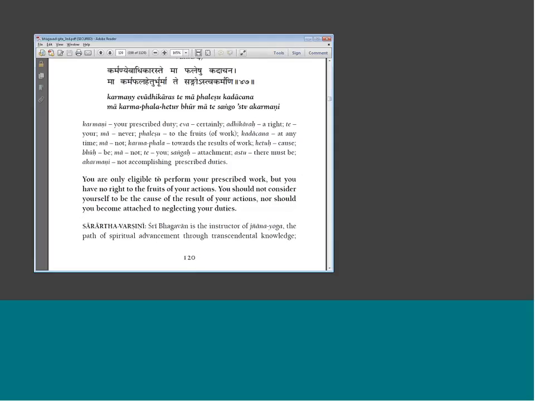You have a right to do that, but you are not entitled to the fruits of your actions. So it's a very important dichotomy here, understanding that although we have a right to do our duties, we don't have a right over the results of our actions.